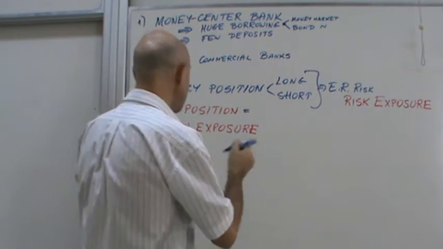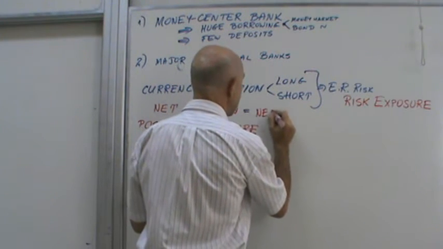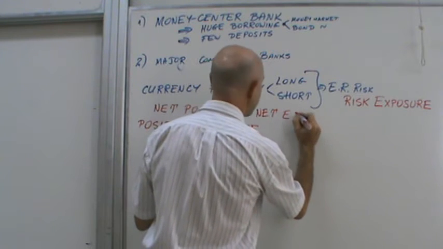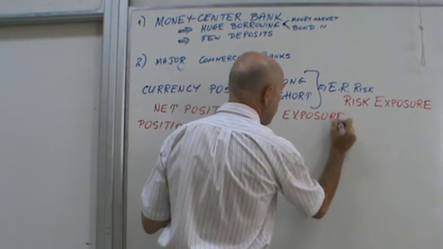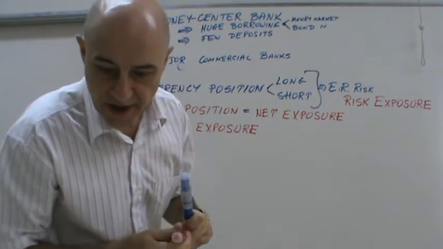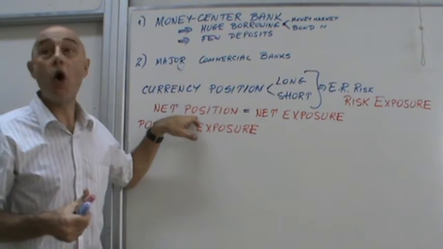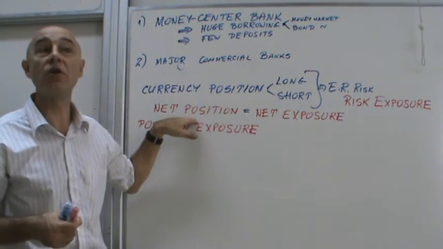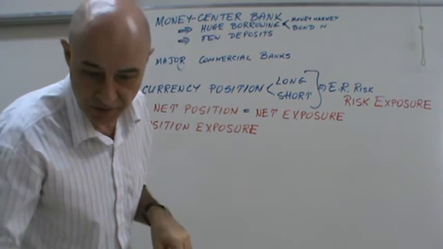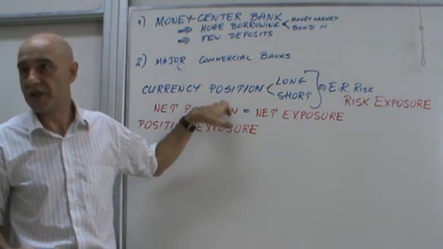Net position is the same as net exposure. It is a financial institution's overall currency position, or overall net position, for a given currency.